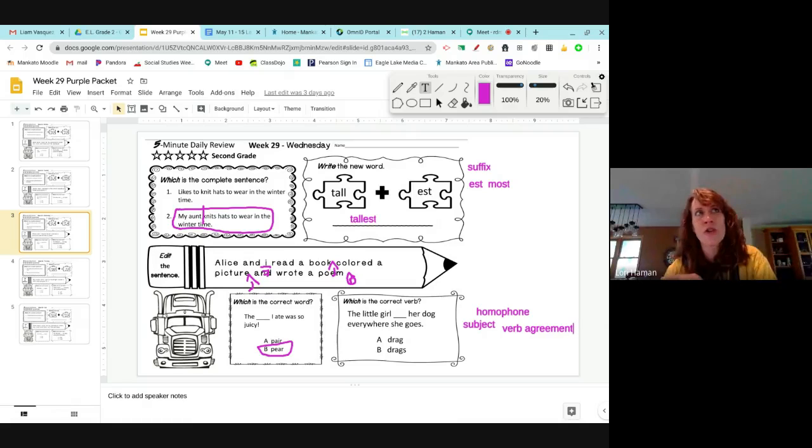And then our verb choice has to go correctly with that. How would it sound? The little girl dragged her dog everywhere she goes, or the little girl drags her dog everywhere she goes. The one that sounded correct was drags with an S on the verb.